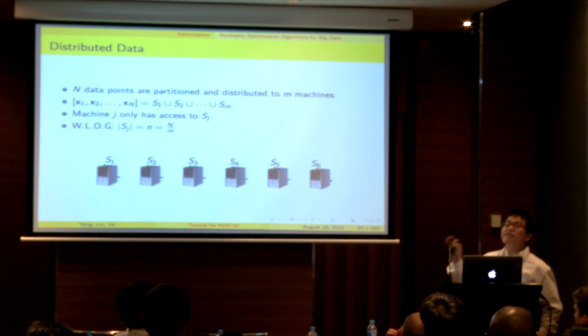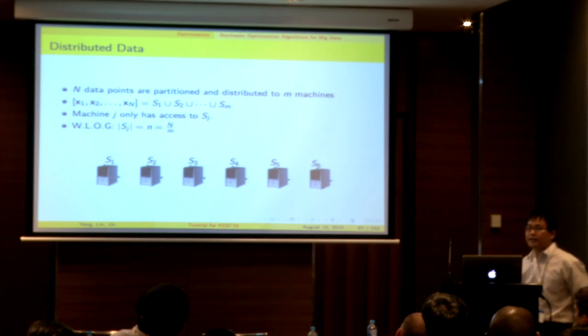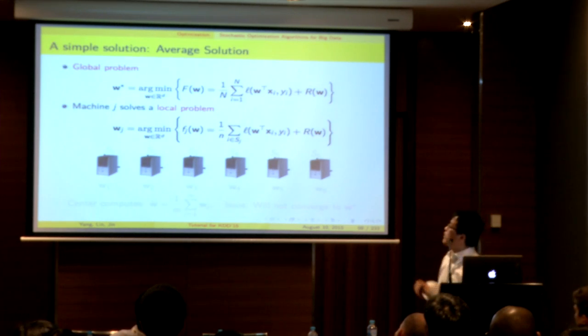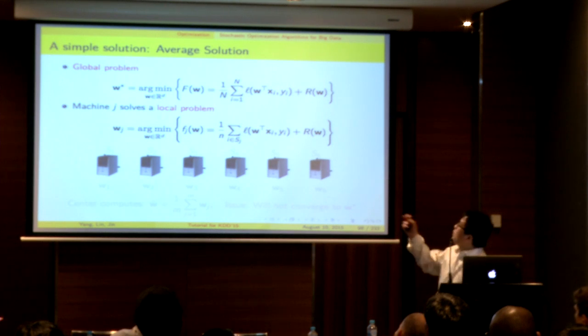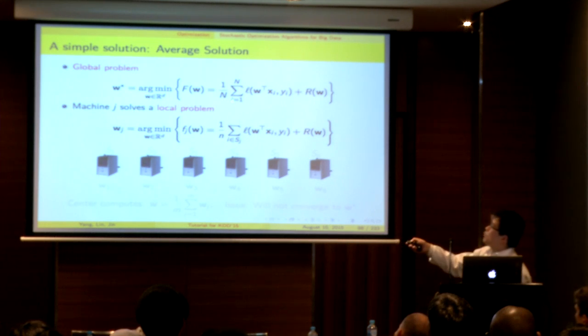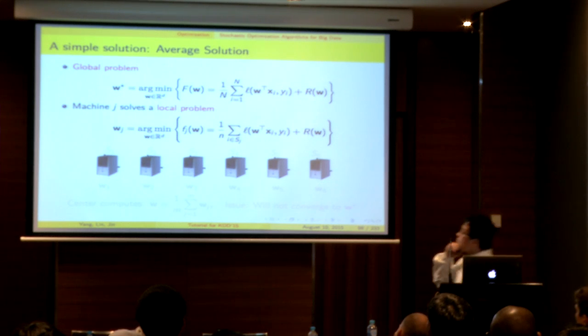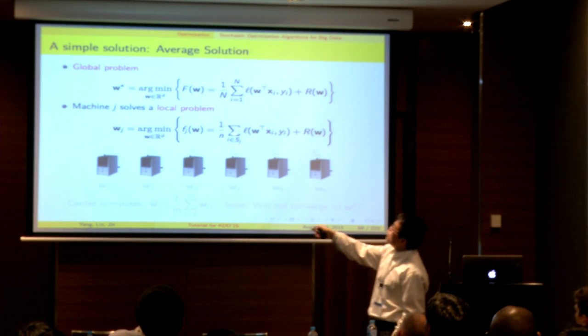It does not have any information about the data in other machines. Without loss of generality, we assume the data size in each machine is small n, which is capital N divided by the number of machines. You can easily change that, introducing more technicalities in notation. So this is the global problem we want to solve. It's the same; the only difference is that I replace small n by capital N. So machine j actually solves the local problem.